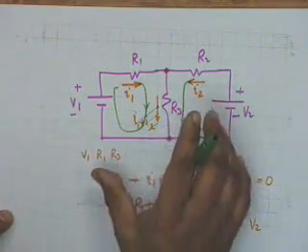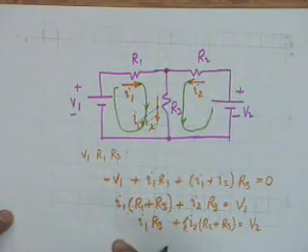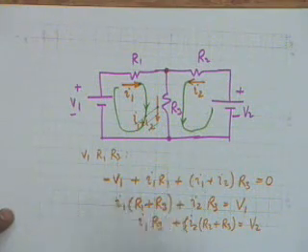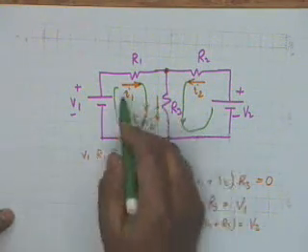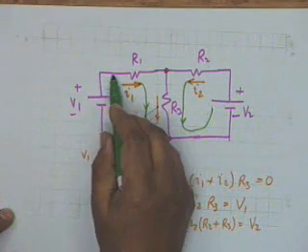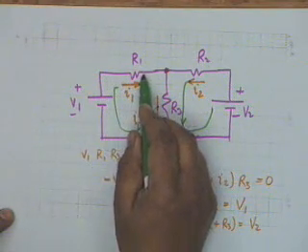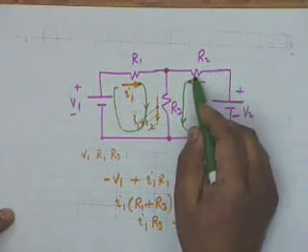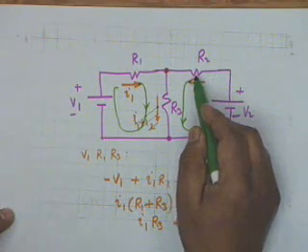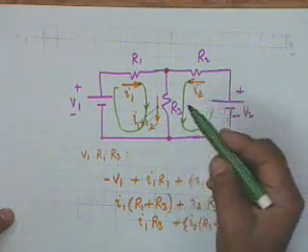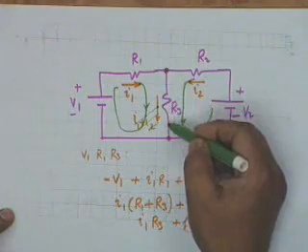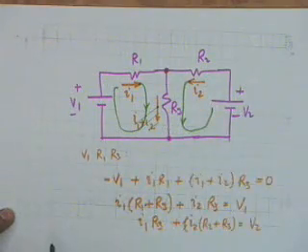This is another way of looking at it, that you formulate loop currents instead of branch currents. You see, what I did was I formulated a current in the branch R1, I had formulated a current in the branch R2, and I found out by KCL the current in the branch R3 in the previous method.